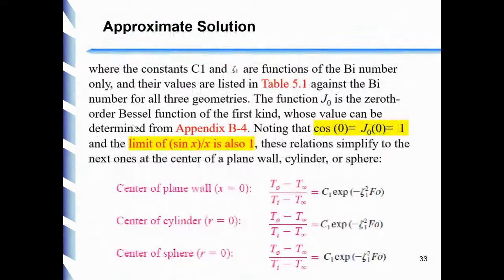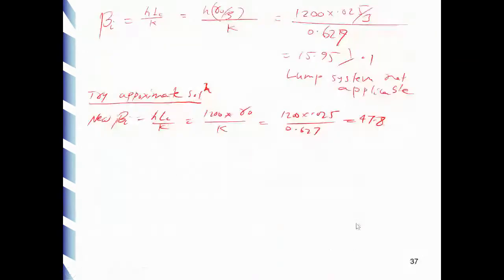And the equation that we have when r equal to 0, sphere, this is the equation. We will use this equation: T minus T infinity over Ti minus T infinity equal to C1 times e to the power minus zeta squared F0, with the cosine term equal to 1 at r equal to 0.